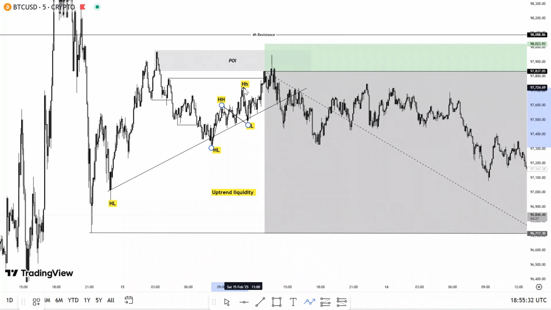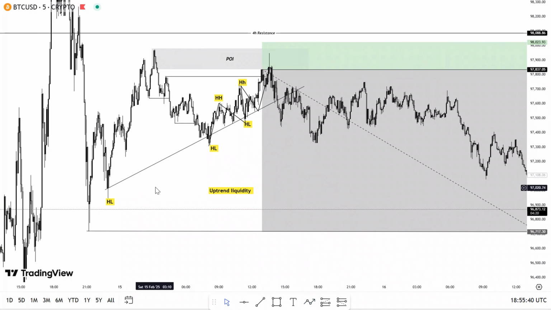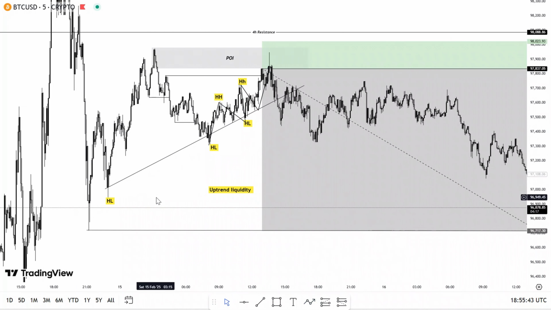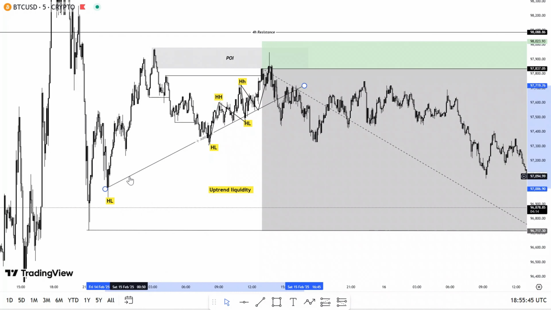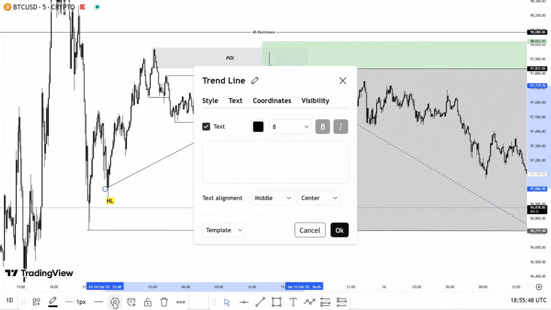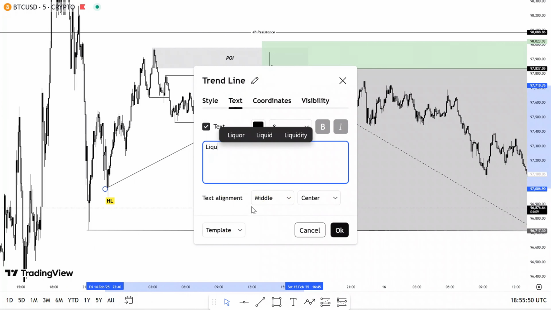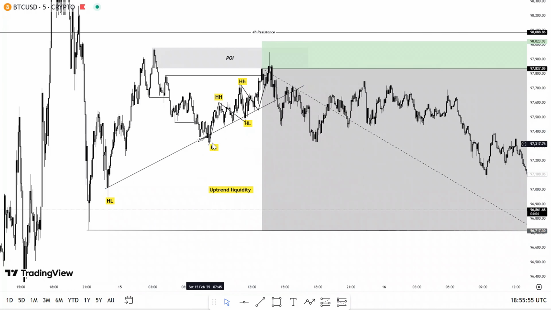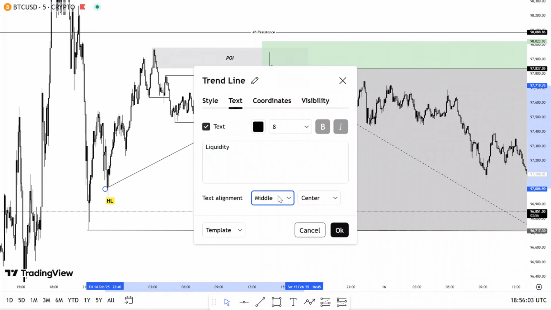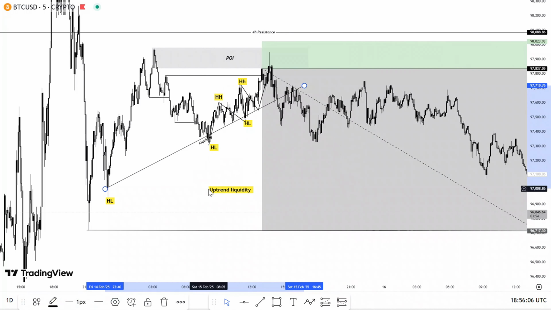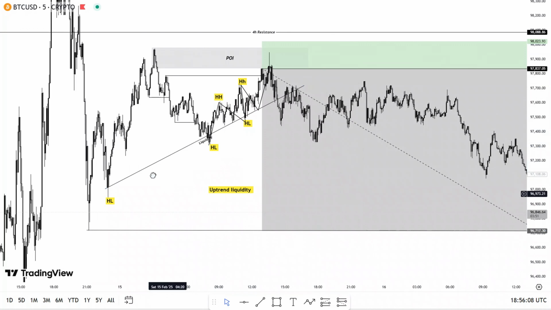As soon as the market gets to my point of interest, just like we said, the uptrend liquidity, this level at the bottom, the market has accumulated liquidity, because as long as it's creating higher highs and higher lows before getting to my point of interest, there's liquidity resting at that particular level.